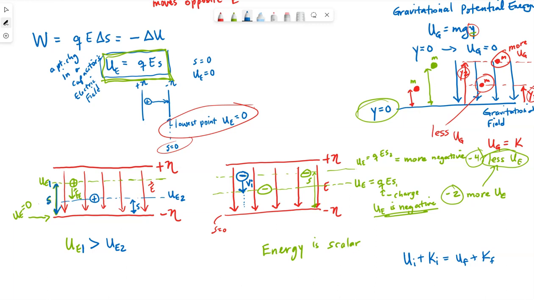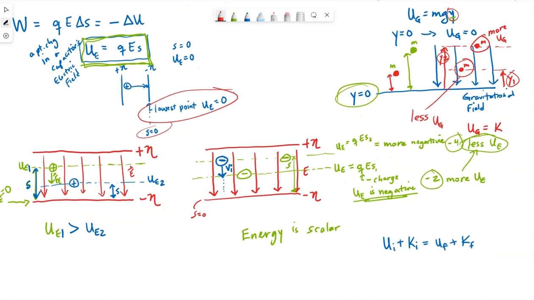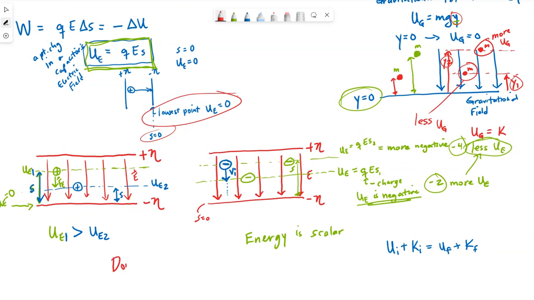If you want to have this analogy to gravitational potential energy, we know objects will naturally roll downhill when we're talking gravity specifically. With electric charges, you can think of downhill, meaning the direction the charges will want to go, as with the electric field if Q is positive, opposite the electric field if Q is negative.